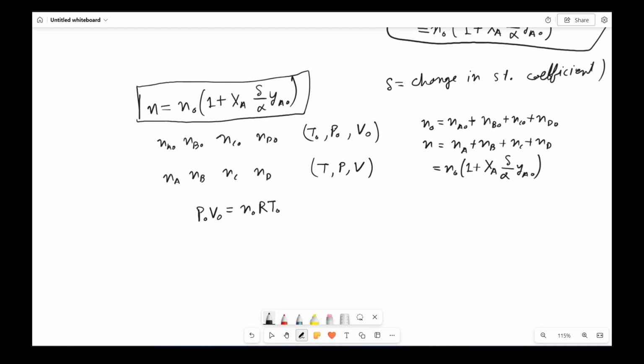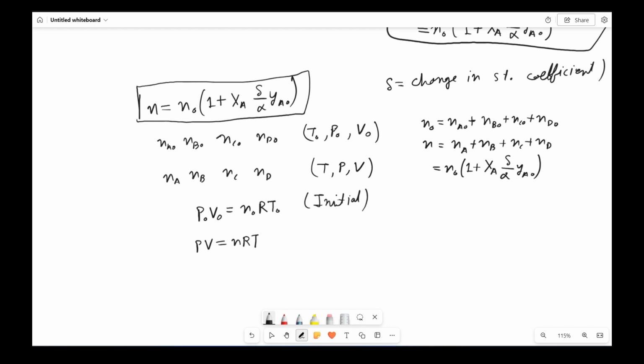Now, this is the expression for the initial state. After the reaction, suppose heat is there and it is in equilibrium. So we can write the final thermodynamic equation of state as PV equals nRT.